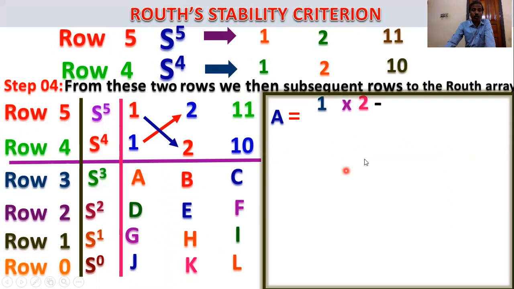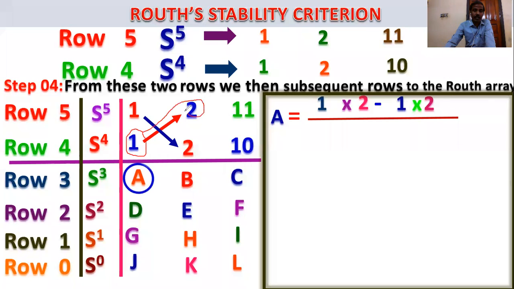So write down 1 into 2 first, then minus 1 into 2 again, divided by this value 1.